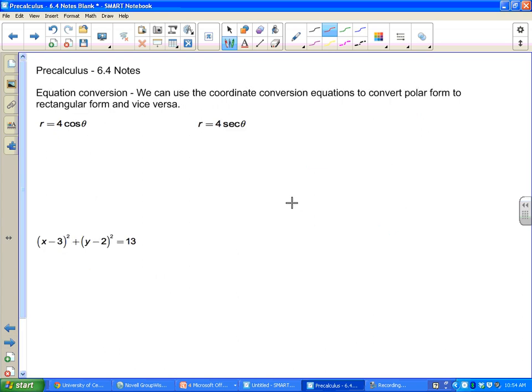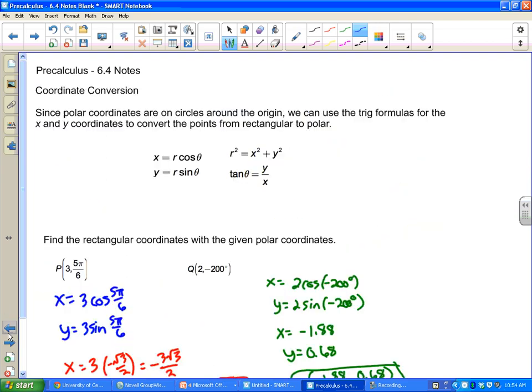Equation conversion. There are basically tricks to this: we are looking for a way to get these equations in the middle here to appear so that we can replace, basically.